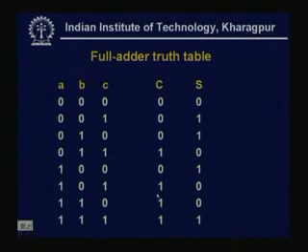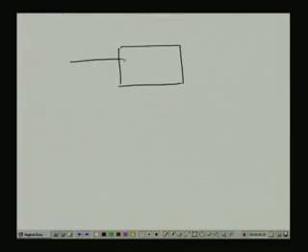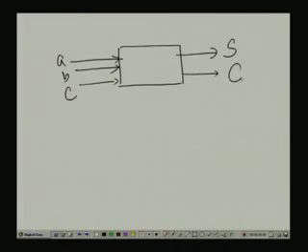Once the system is identified, we can tell that my system is a black box, there are 2 operands A, B, and this is my previous carry, this is my sum, and this is my carry, means the next carry or the carry to the next bit.